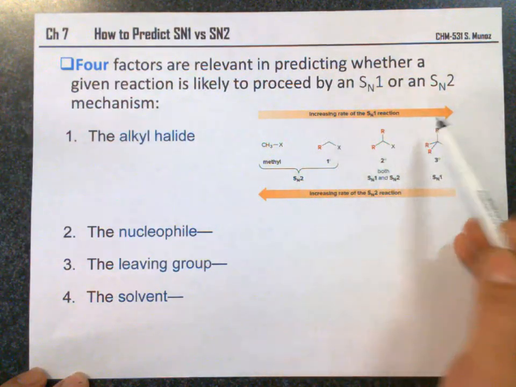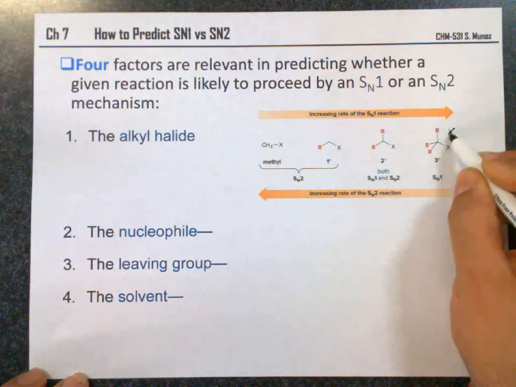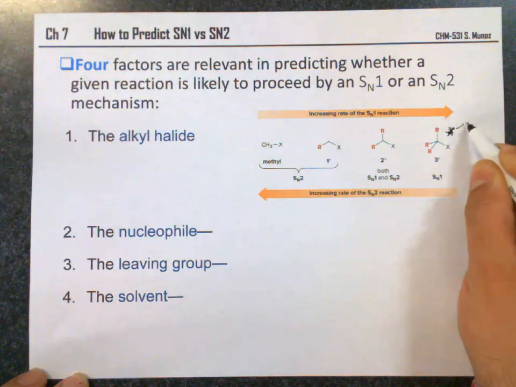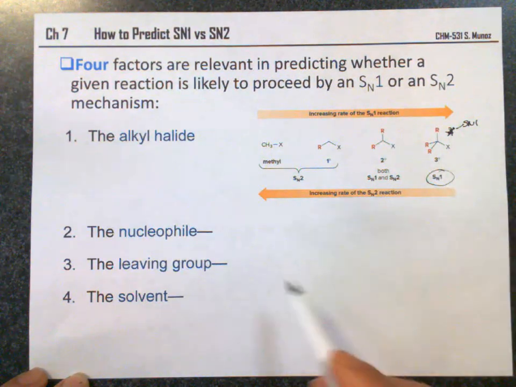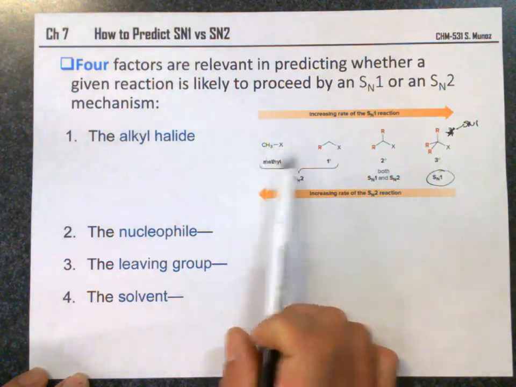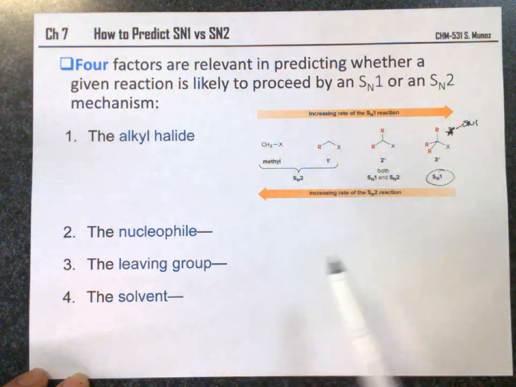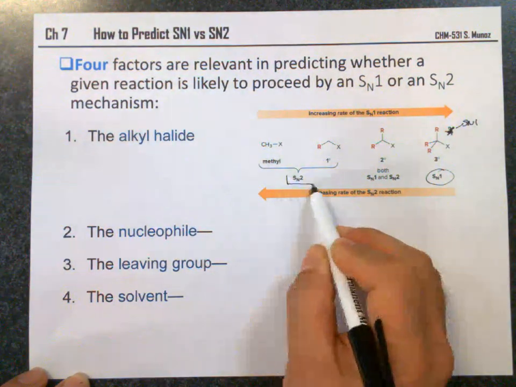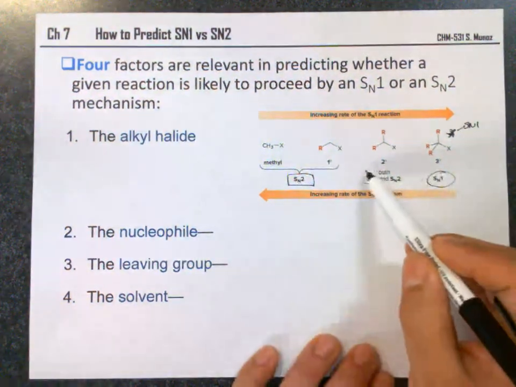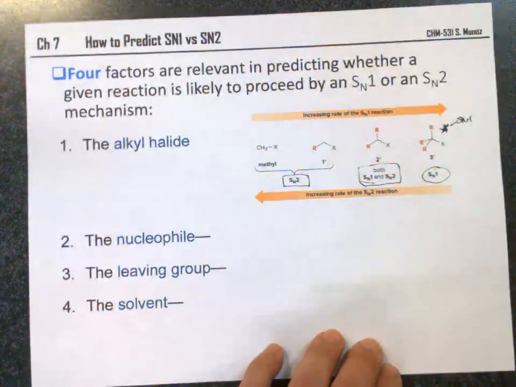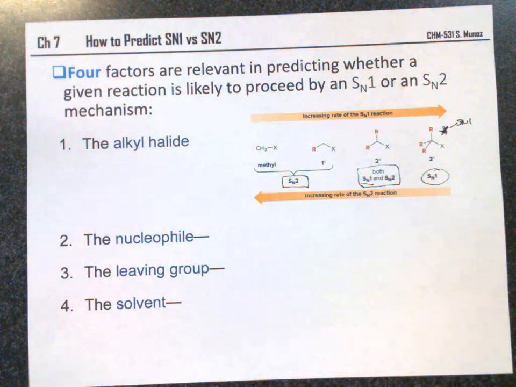Increasing rate of SN1 reactions. This is preferentially SN1, tertiaries. Whereas methyl halides and primary alkyl halides, preferentially SN2 reactions. Secondary, it's both. And so now it's when we have to pay attention to the other factors.